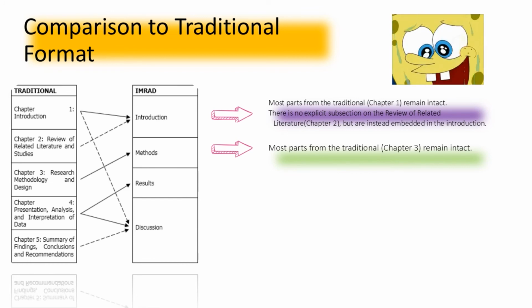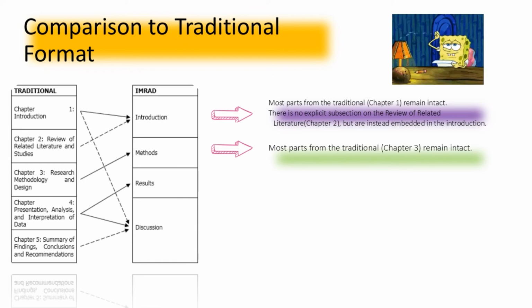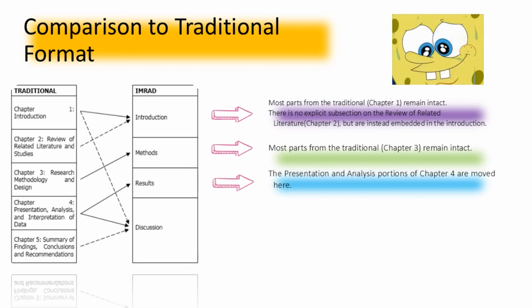Now, in the methods, most parts from the traditional chapter 3 remain intact. This is actually the only part of the traditional and IMRAD format that remains the same. Now, the third one is the results.